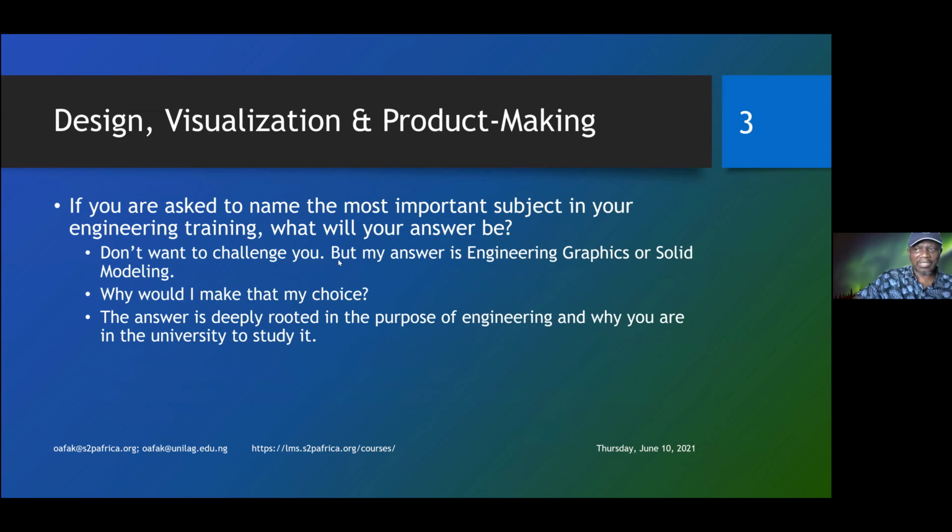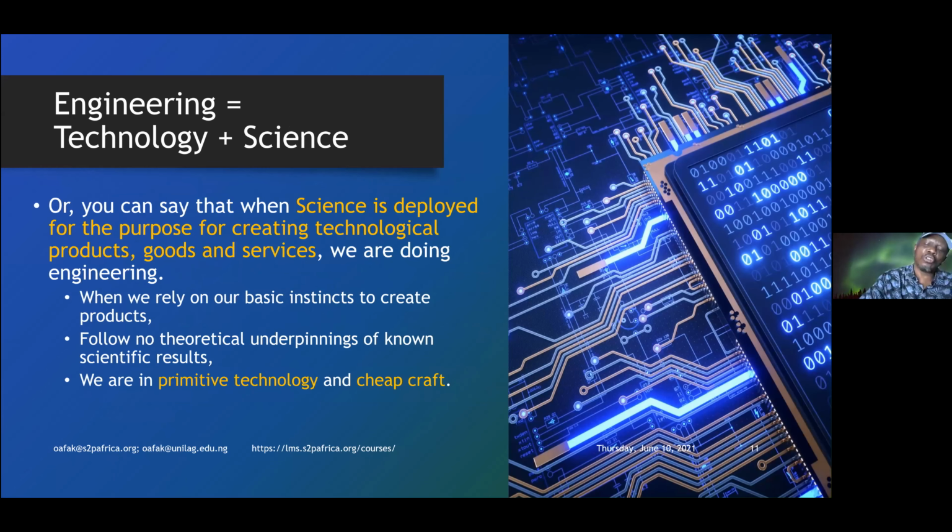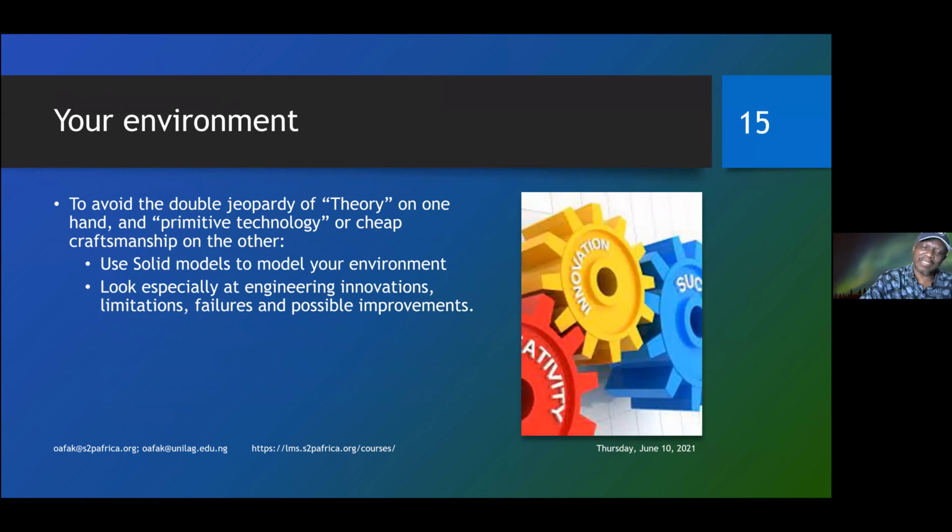This is the reason why I am saying that, because every other thing we will teach you, you will need that background to be able to do all your analysis, design, improvement, failure analysis, and innovations. All around, they will all revolve around the models you have made, if the thing you are thinking about is something physical. If it is not physical, that's another question.